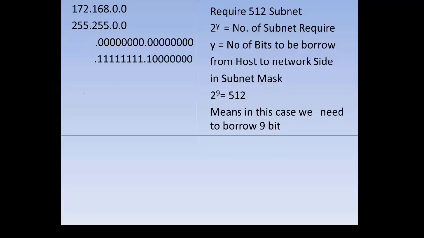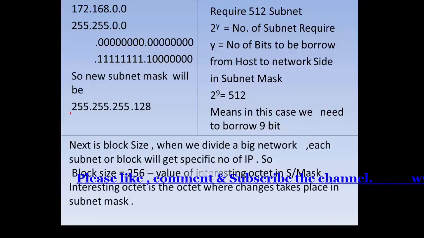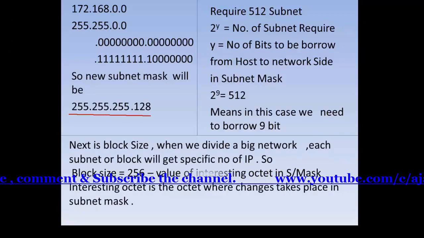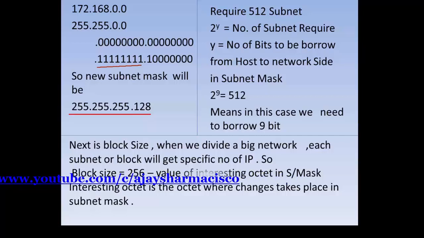I have borrowed 8 bits and 1 bit, so the total is 9 bits borrowed from host to network side. So what is the new subnet mask? This will be the new subnet mask: 255, 255, 255, because the third octet also gets fully occupied by the network bits. When we convert it into decimal, it becomes 128, as 1 bit has been borrowed from here, so it becomes 128.